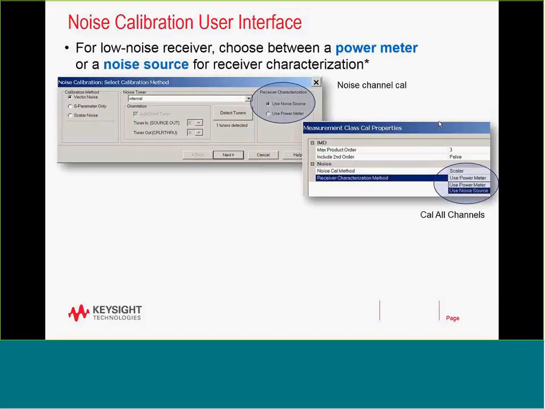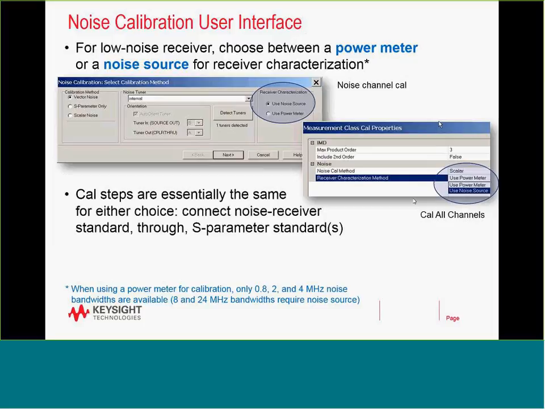The noise figure user interface looks a bit like this, where we can select the calibration method, vector or S-parameter only. We then select the tuner type: is it internal or external? Then the receiver characterization: are we going to use a noise source or a power meter? So for all of these, we'll see the power meter and noise source in the display to the right.